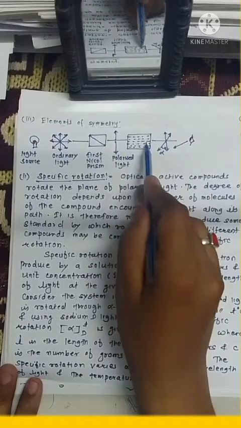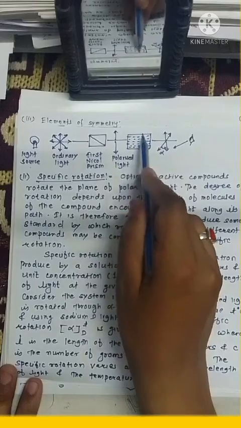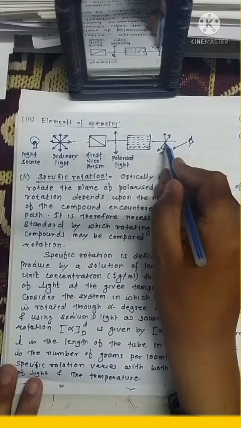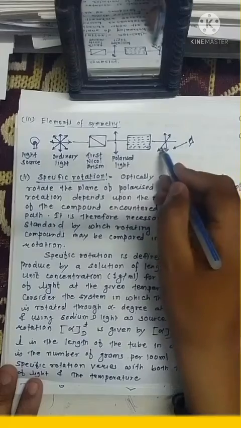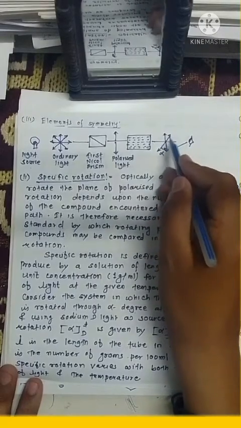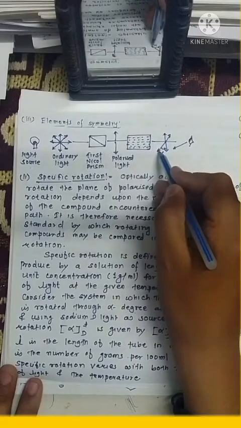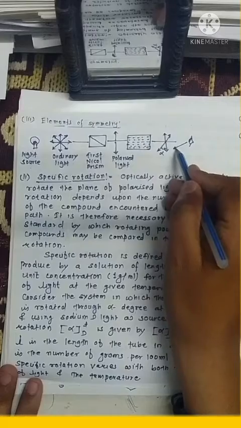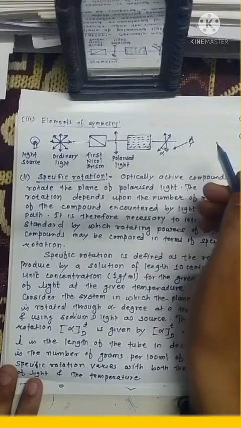When this polarized light is passed through a solution of a compound containing a chiral carbon, the plane of polarized light is shifted, in this case towards the right hand side. So this phenomenon is known as optical activity.